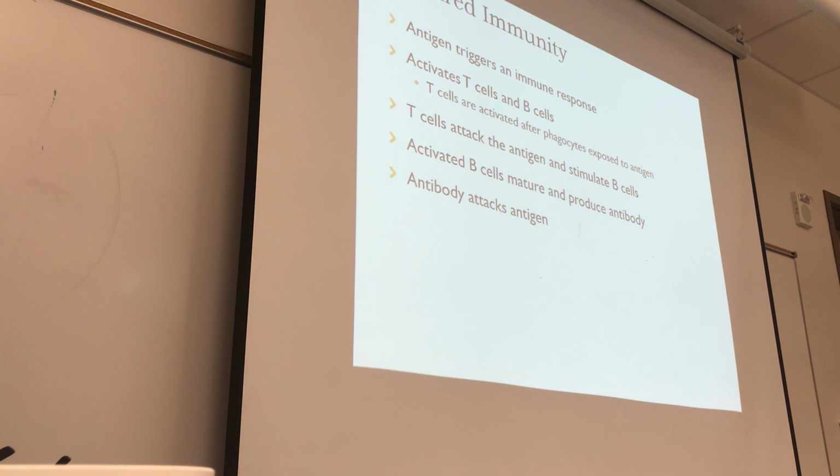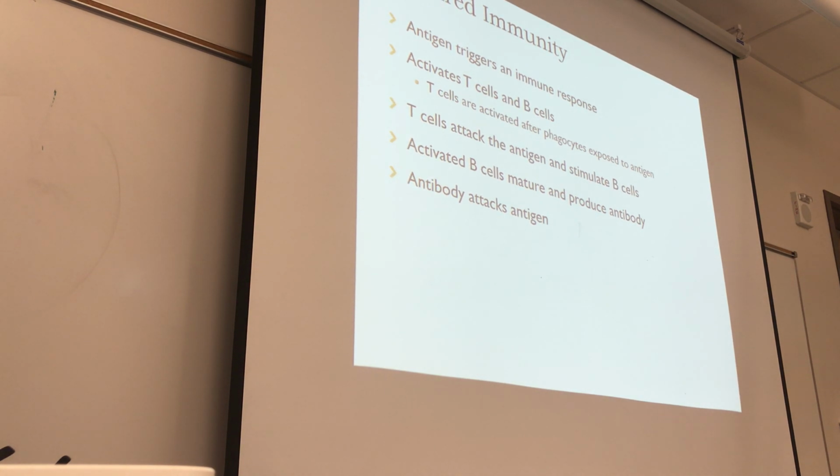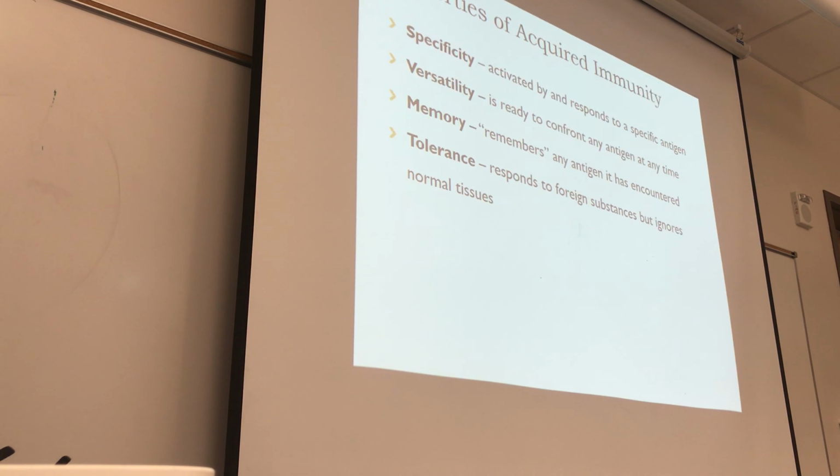Again, we have to have antigens that will trigger response. It will activate T cells and B cells, and they both have their roles to play in immune defense. So, uniqueness of the acquired, it's very specific.